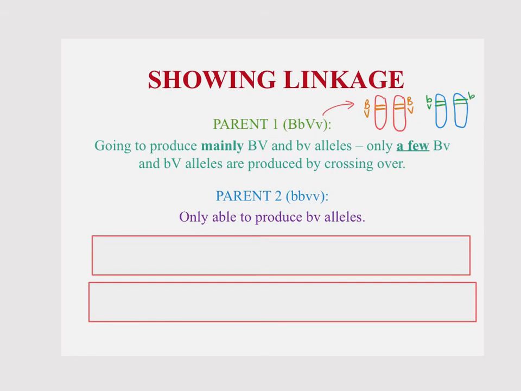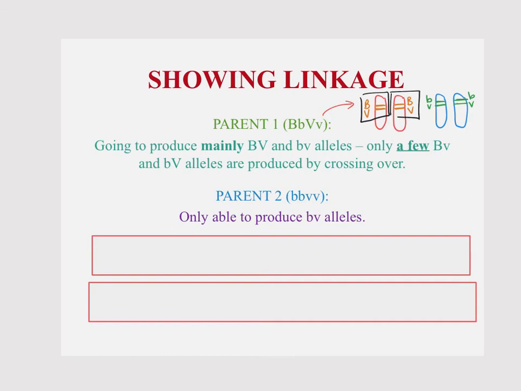Okay? Now, what we've got happening is that we're really mainly, even if we've got crossing over, going to produce alleles that have got the combination shown on the standard parental chromatids. Okay, so the big B's and the big V's stay together.